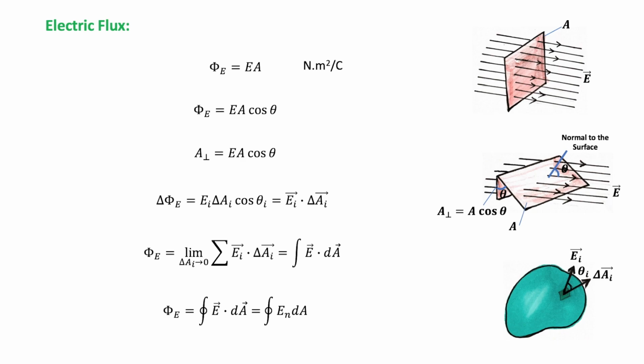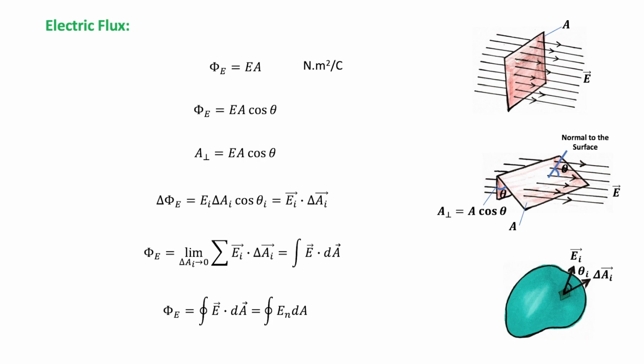And this number is equal to the number of lines leaving the volume surrounded by the surface minus the number of lines entering the volume surrounded by the surface. So if more lines leave than enter, the net flux is positive. If more enter than leave, the net flux is negative. And if the number of entering and leaving lines is equal, then the net flux is equal to zero, okay?